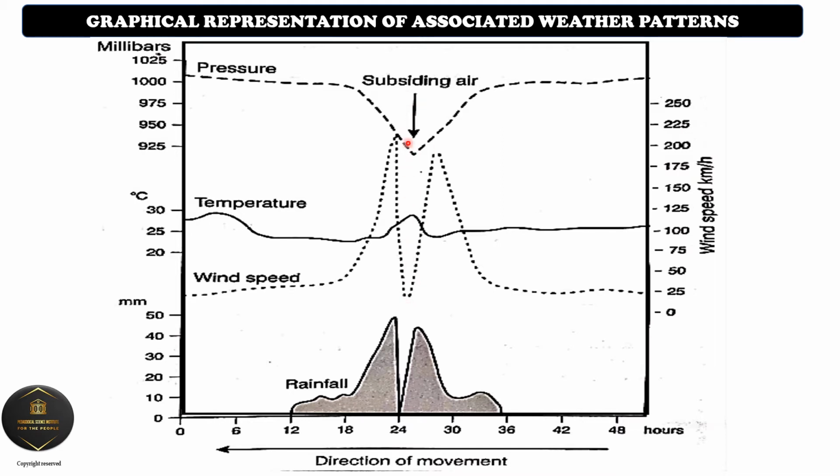Remember, we say we have stable conditions, so there is no wind, no cloud cover, and you see that the temperature is relatively high as well there because of adiabatic heating, as this air is subsiding at the center of the system. And if you look at your rainfall, we see that there is no rainfall. Again, there is a sharp decrease in the rainfall at the center of the system.